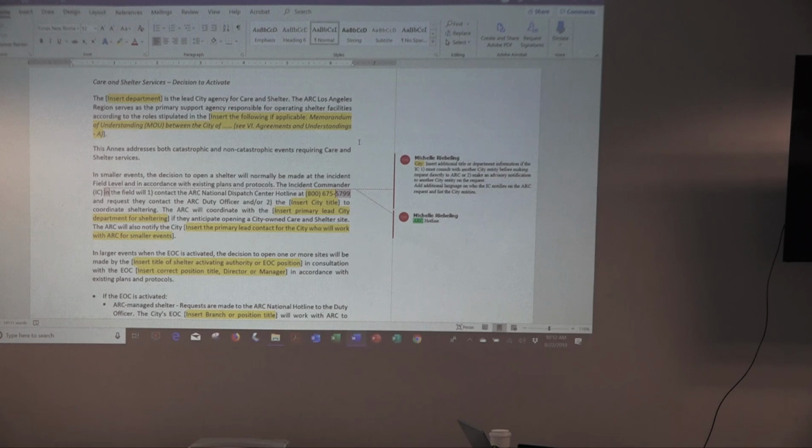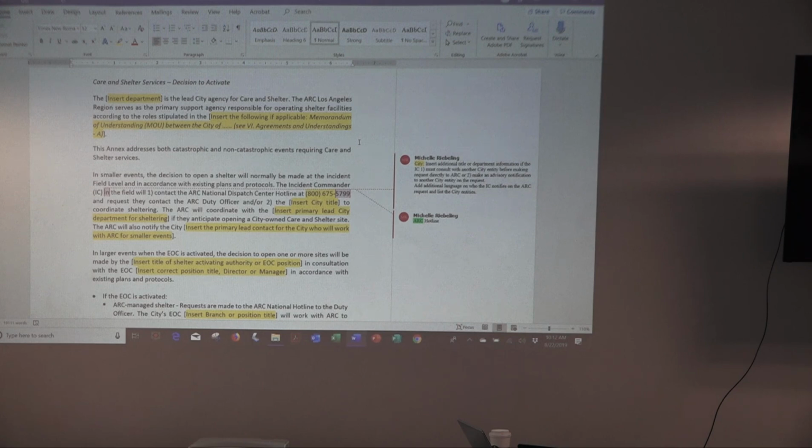Now you notice this page has a bit more information than most of the other pages that we've seen previously in filling out information. And that's because we said there's a couple different situations where you could have a shelter activated. We've got the ARC activated shelter where they're activating it.